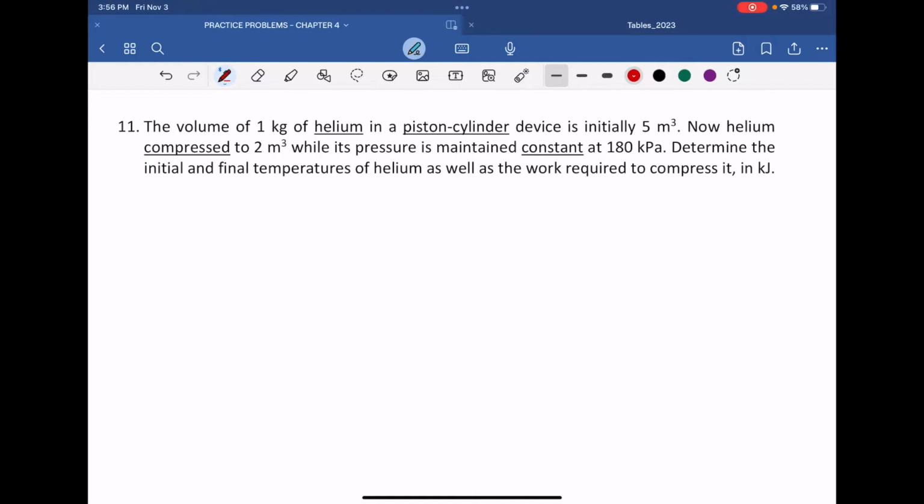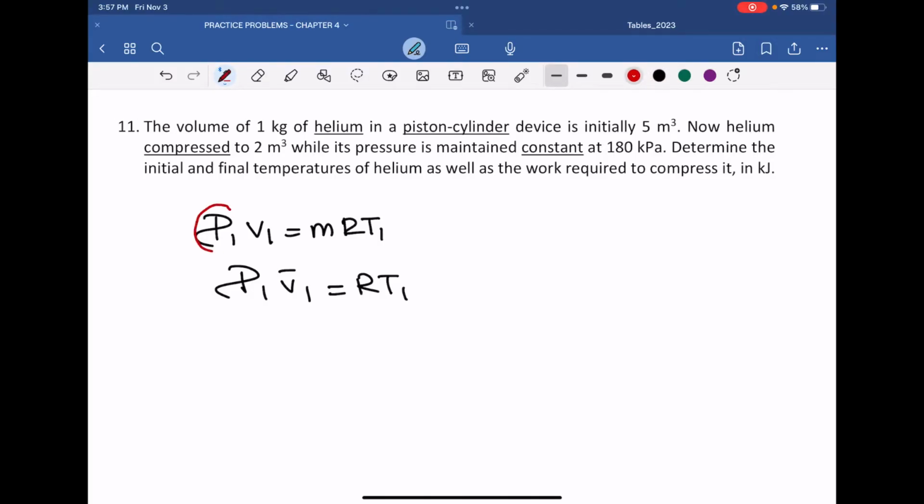So the first thing is we can write it for the first state, and then from here, actually, we can use this equation too, right? We know the mass, we know the R, we know the volume, and we know the pressure. So you can use both here.